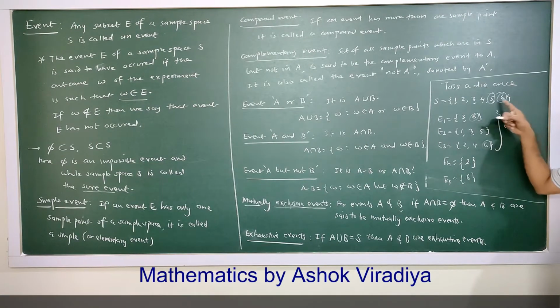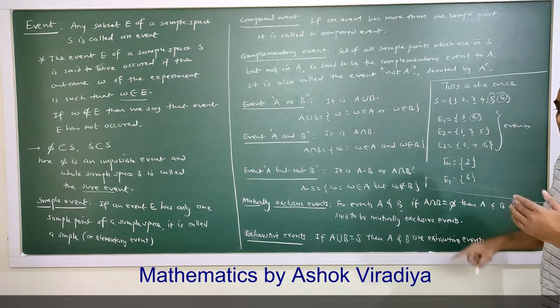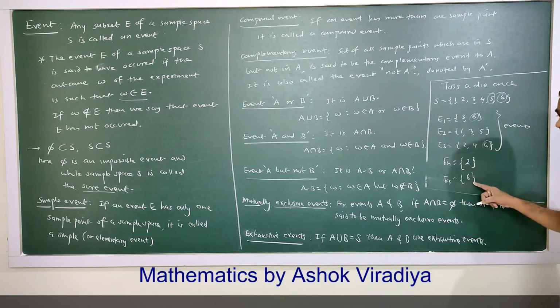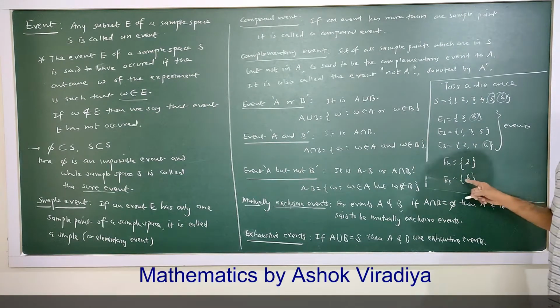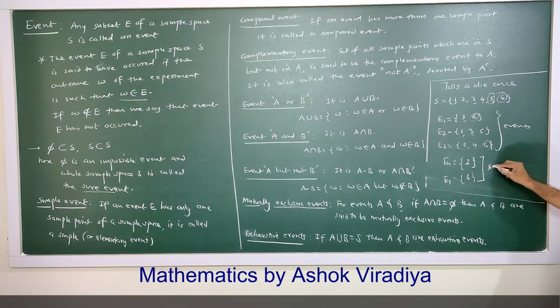These are subsets of S, so these are events. But these events contain only one sample point, so these are said to be simple events.